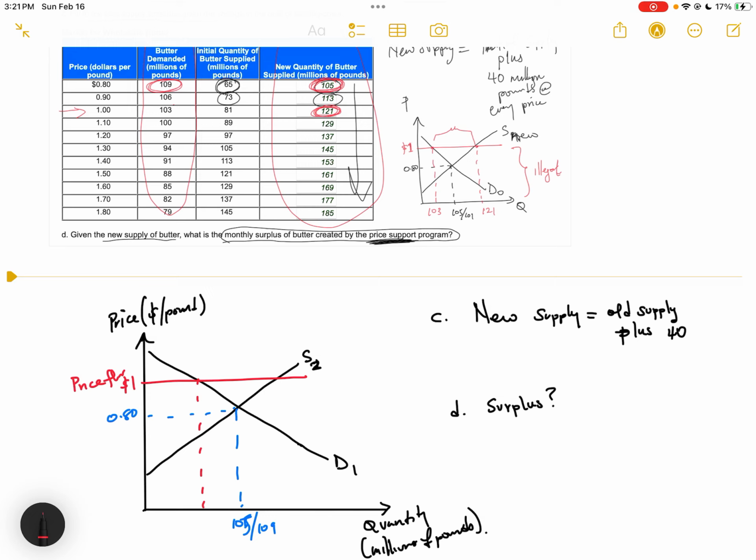And here the quantity demanded is equal to 103. Quantity supplied is equal to 121. Great. So what is the surplus? The surplus will be your quantity supplied minus your quantity demanded. That's your 121 minus 103. Is that 18 million? Yes, it is. 18 million pounds. That's the surplus.